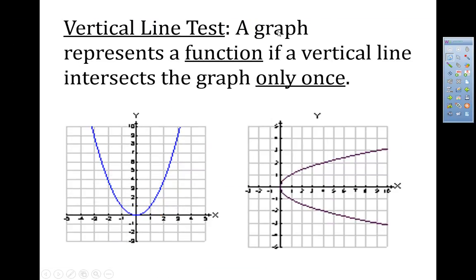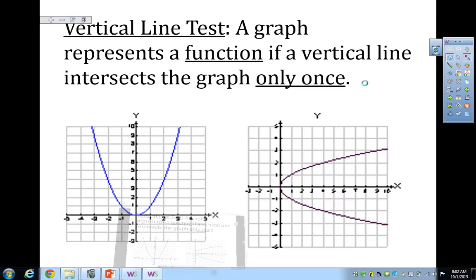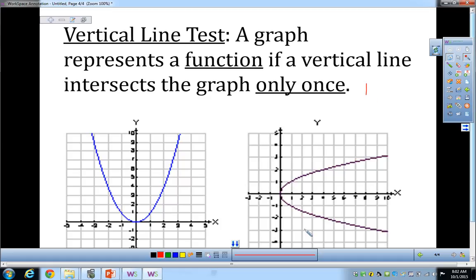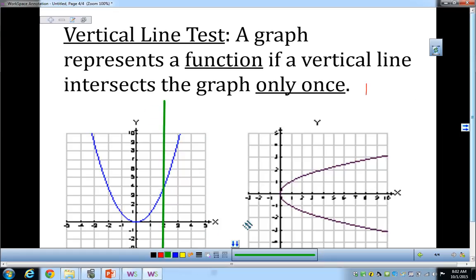Okay? Vertical line test. A graph represents a function if a vertical line intersects the graph only once. You should write that down. Okay? What? Where's my vertical line? So let's draw in a vertical line. There's a vertical line. There's a vertical line.